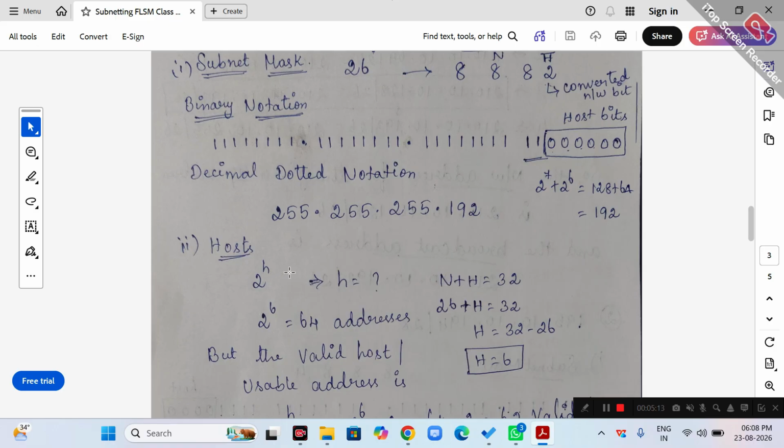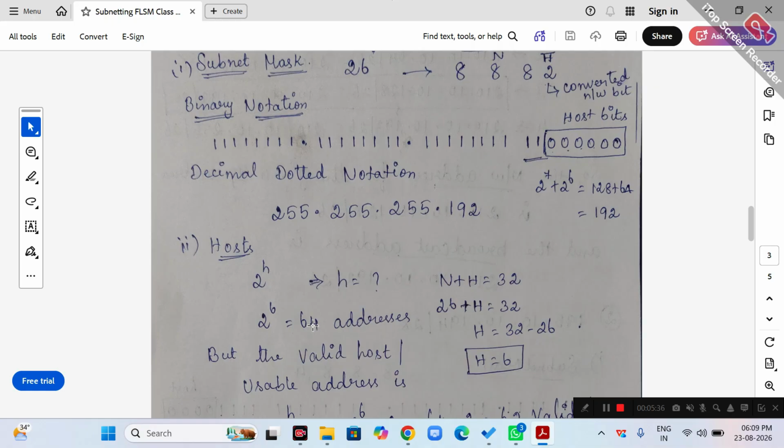So 2 to the power h, where h is now 6. A total of 64 addresses are available in each and every subnet. Out of those 64 addresses, the first address is used as the network address and the last address is used as the broadcast address.